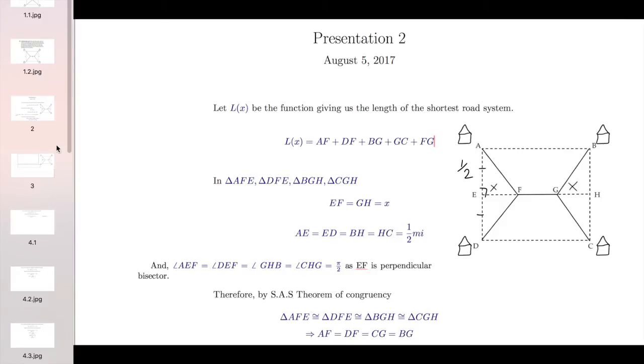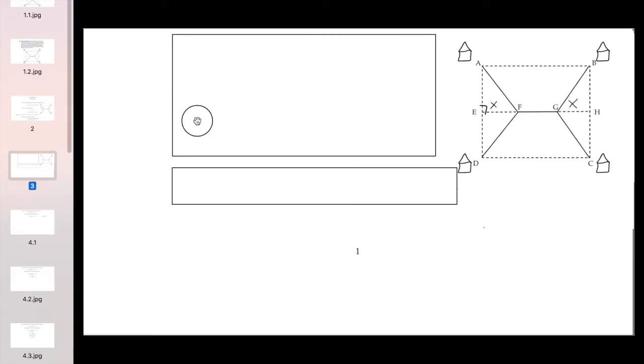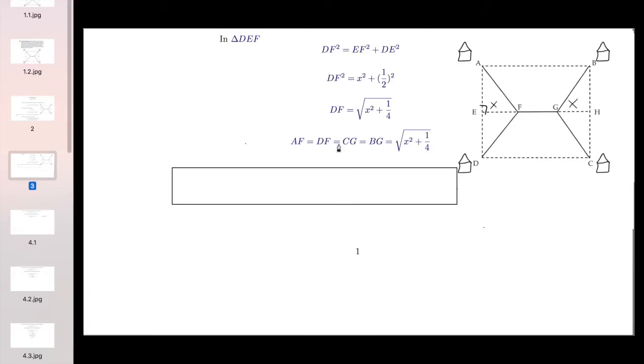And this makes our job very much simpler because now all we have to do is find one of the sides in terms of X using the Pythagoras theorem, and that's what we do. That's how we find that AF equals DF equals CG equals BG equals root of X squared plus 1 upon 4. And to find FG is also extremely simple.